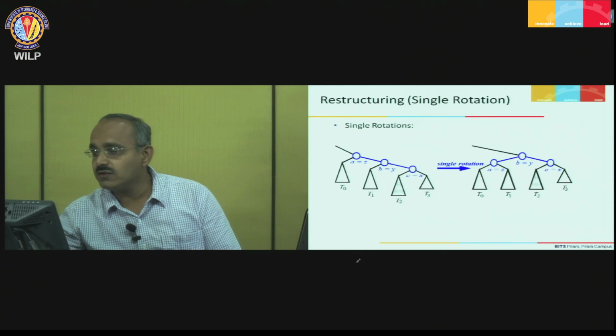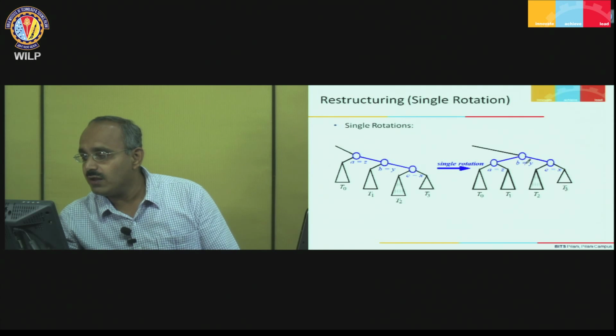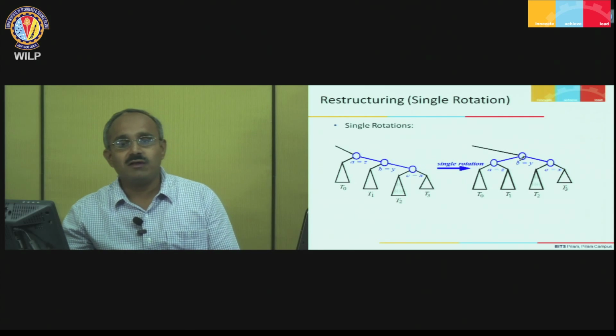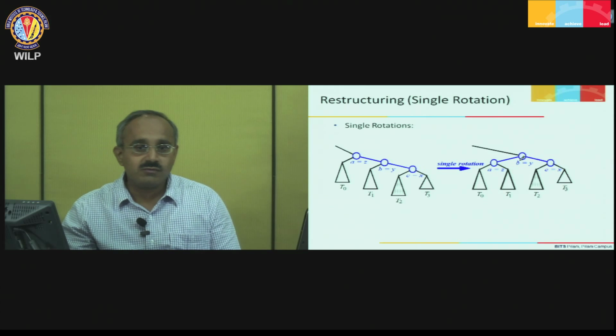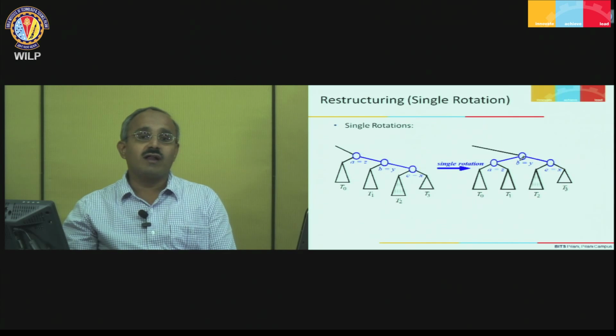In this case, we are going to replace Z by B, correct. A and C become the children of B. A becomes the left child and C becomes the right child. A has to become the left child because A has to come before B in its in-order traversal.